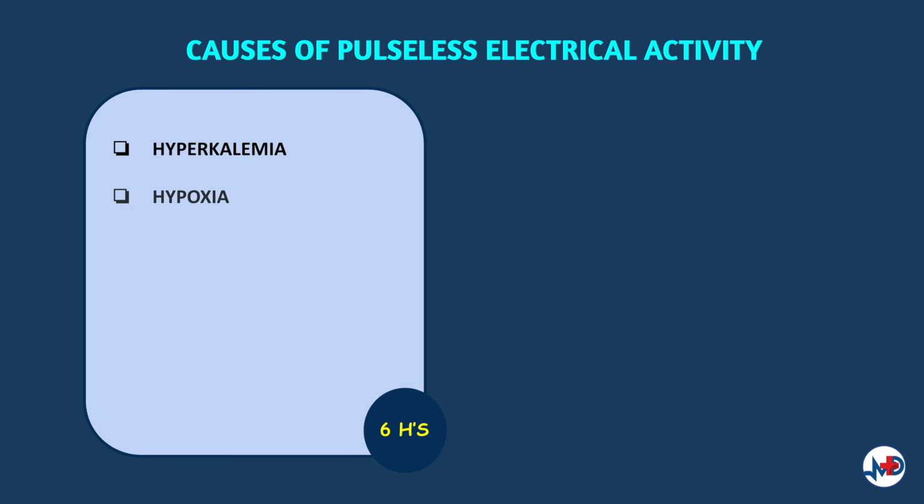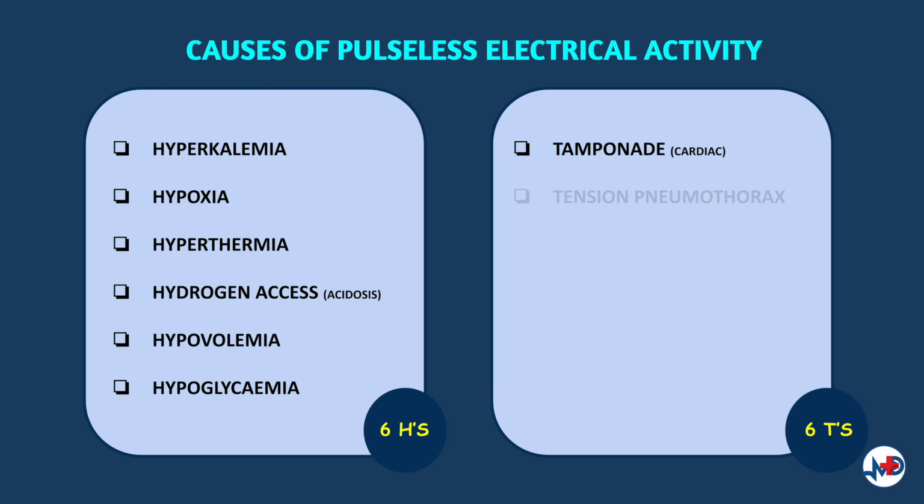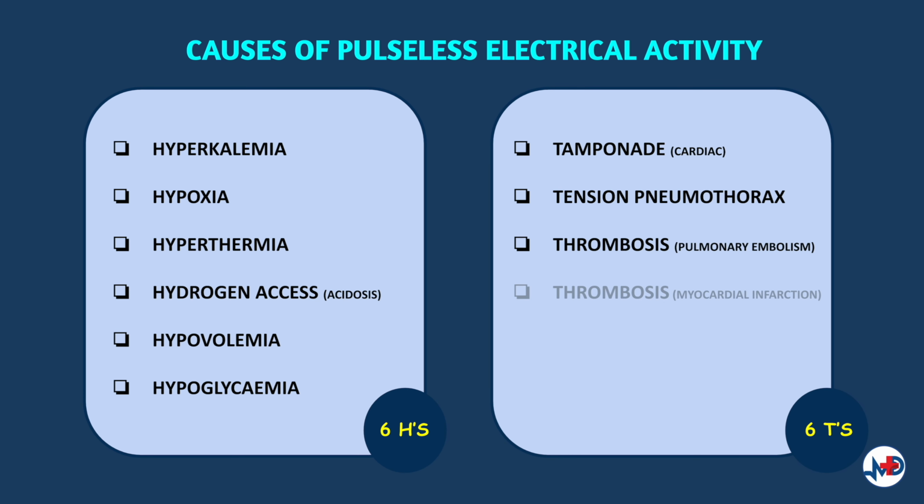These are the famous 6 H's of pulseless electrical activity: hyperkalemia, hypoxia, hyperthermia, hydrogen excess or acidosis, hypovolemia, and hypoglycemia. And the 6 T's, which are tamponade, tension pneumothorax, thrombosis, pulmonary thrombosis and coronary thrombosis, toxins, and trauma.